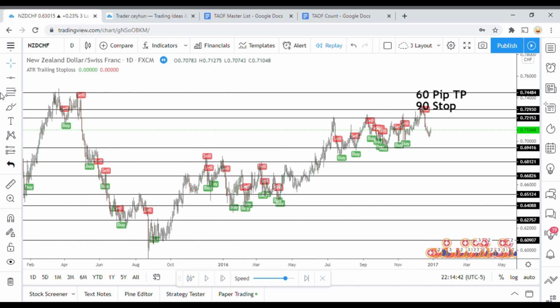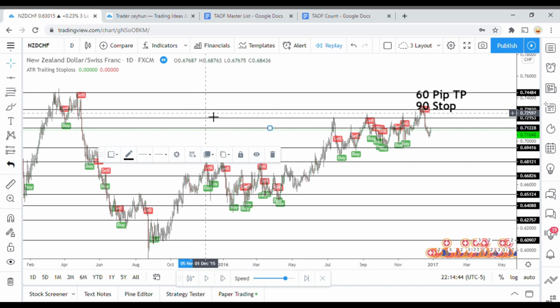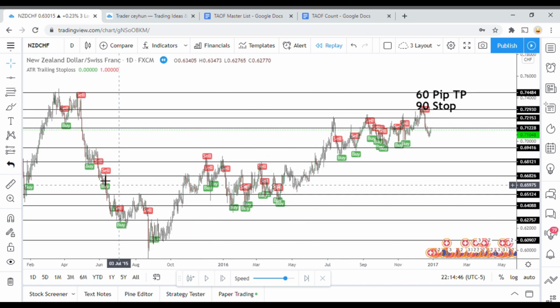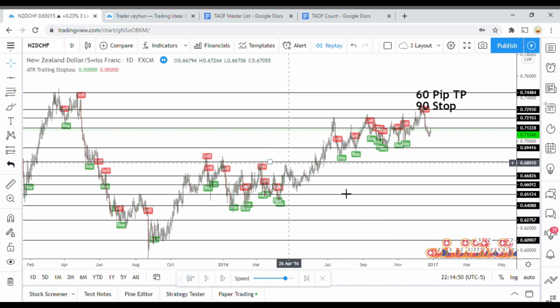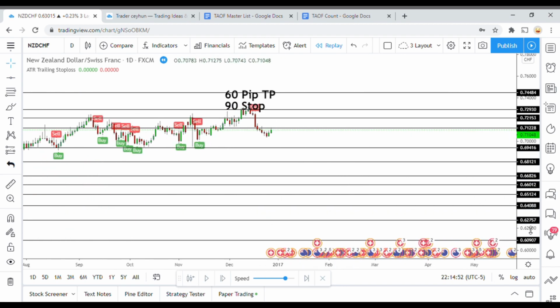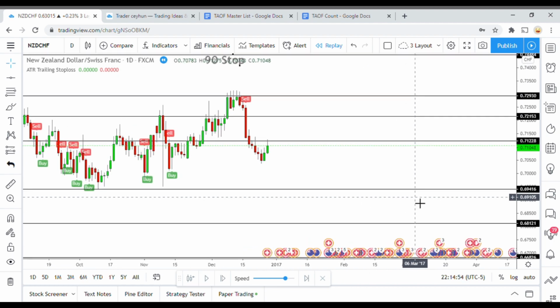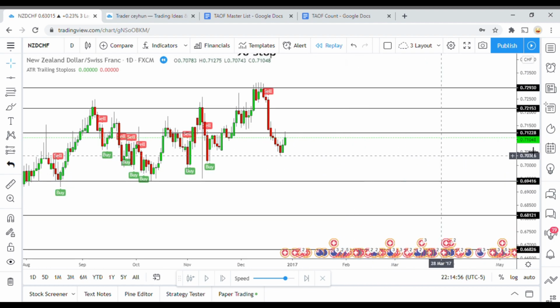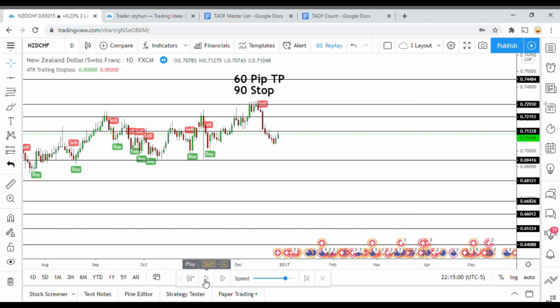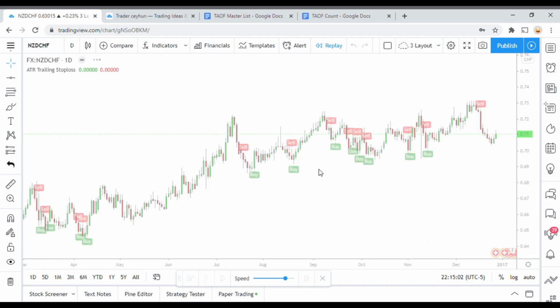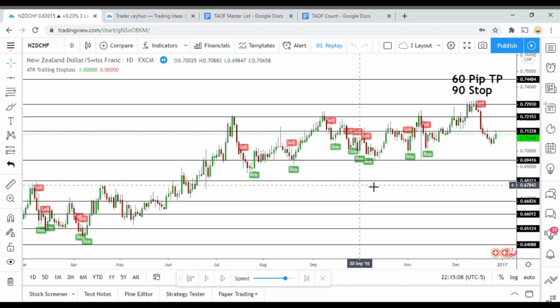And again, market structure. Just throw one there. Maybe one there. Something like that. There we go. Said not a whole lot to it. Basically it just gives us an extra layer of... what's it doing here?